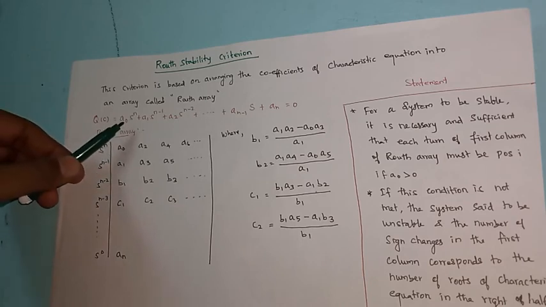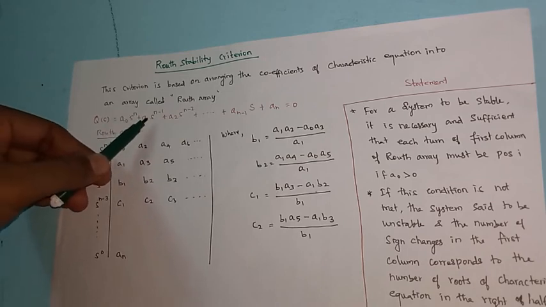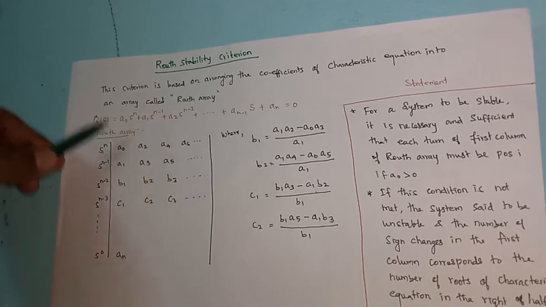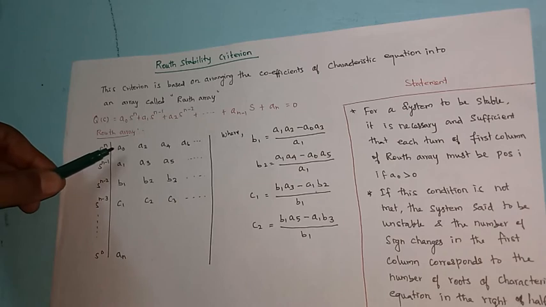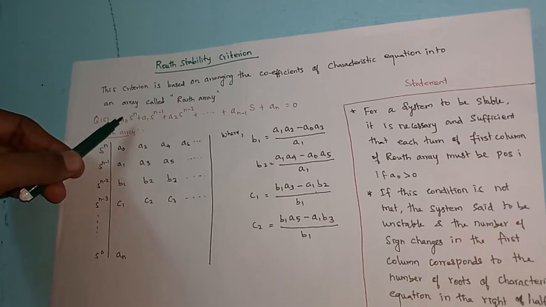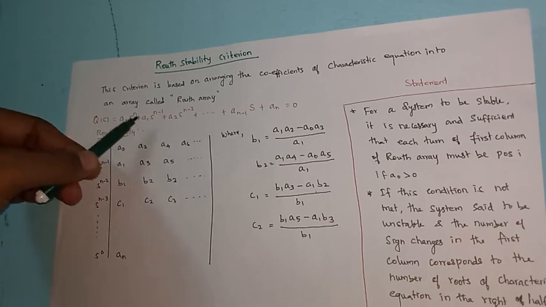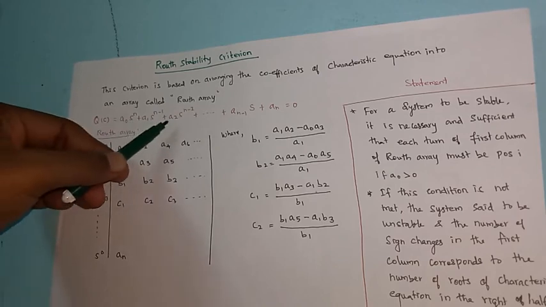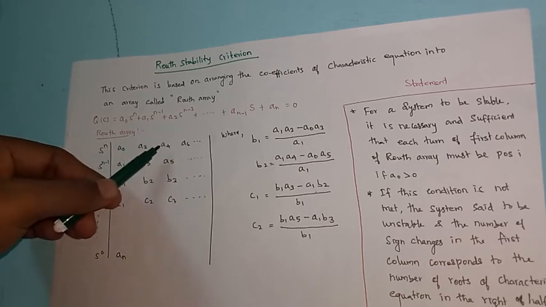Here a0 is the first, s power n coefficient, and a1 is the second term coefficient. So the first row has the even-numbered coefficients: a0, then a2, a4, a6 and so on.